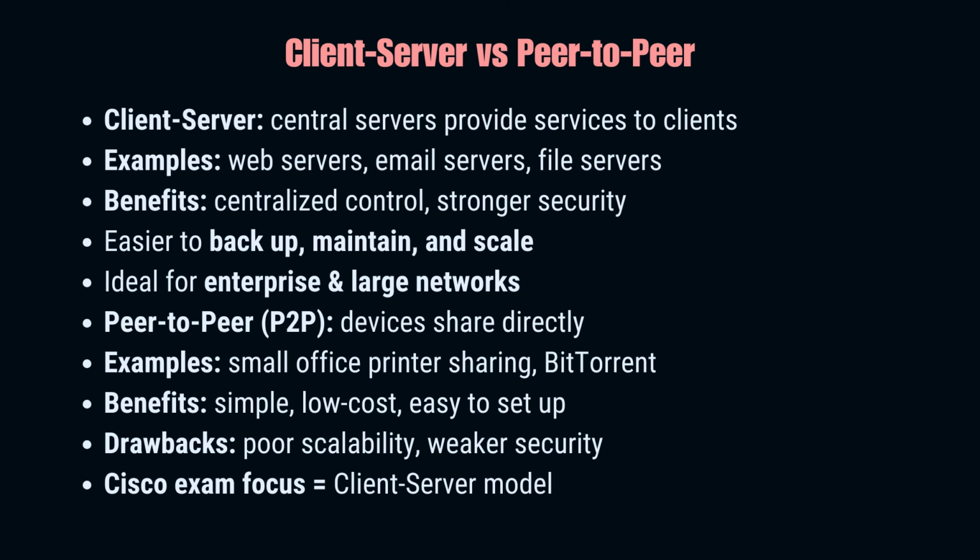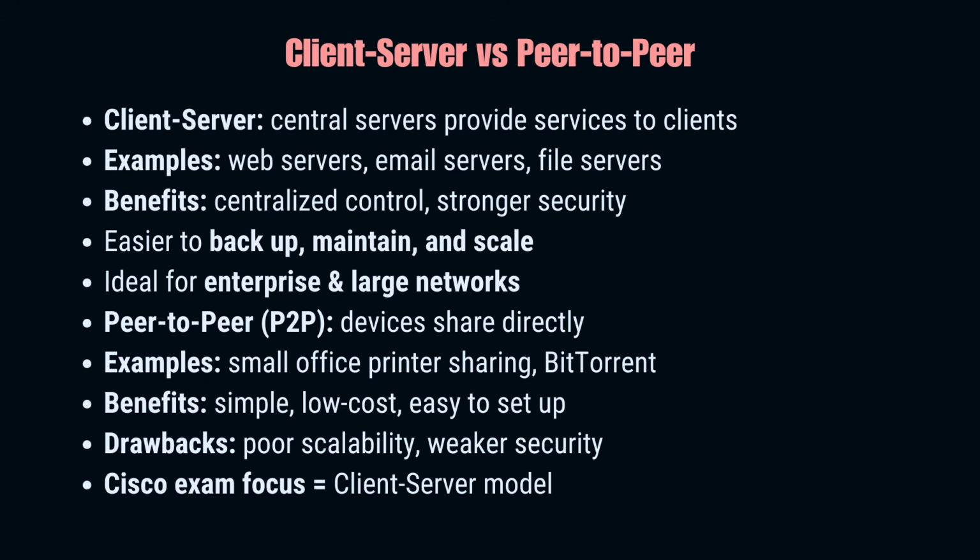Network architectures define how devices interact and share resources, with two primary models dominating modern networking. Client-server architecture features centralized servers providing services to multiple clients that request those services, like web servers serving pages to browsers, email servers managing messages, or file servers storing shared documents. This model offers centralized administration and security, better performance and reliability, easier backup and maintenance, and excellent scalability for larger networks.